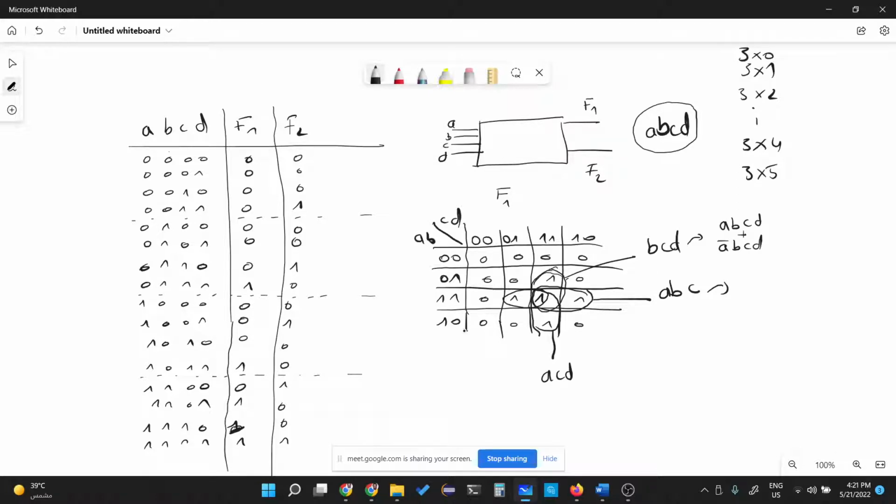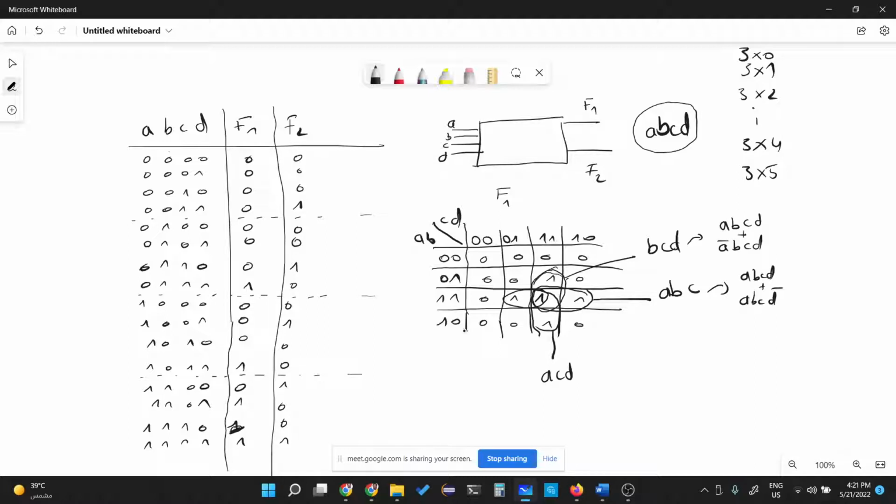A, B, C here, this prime implicant, in reality covers A, B, C, D or A, B, C, D bar.